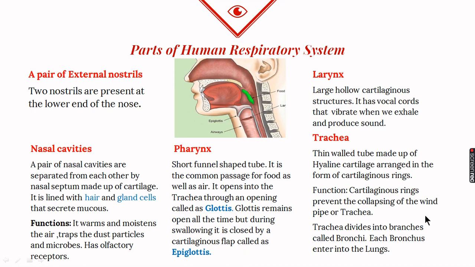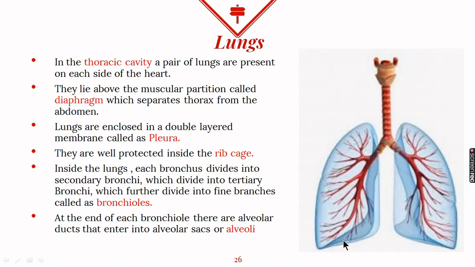Trachea divides into branches called as bronchi, and each bronchus enters into each lung. This is trachea, and we can see rings of cartilage on this trachea. After a while, the trachea divides into two branches which are called as bronchi, and each bronchus enters into the lungs.